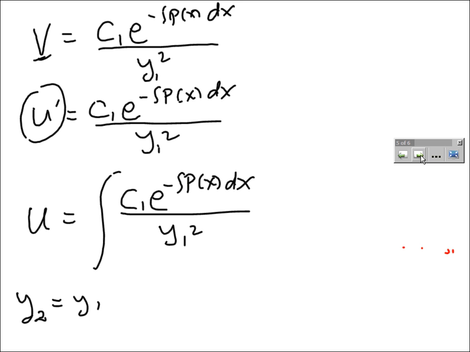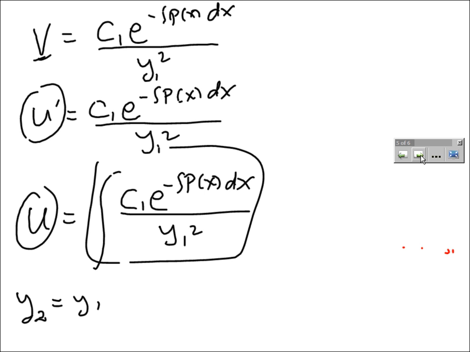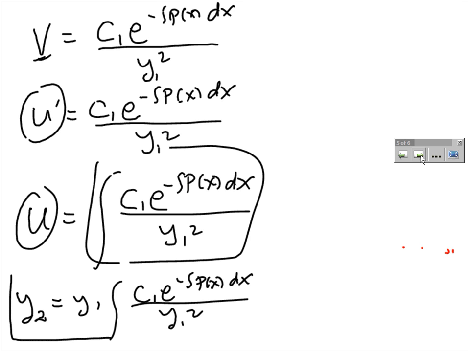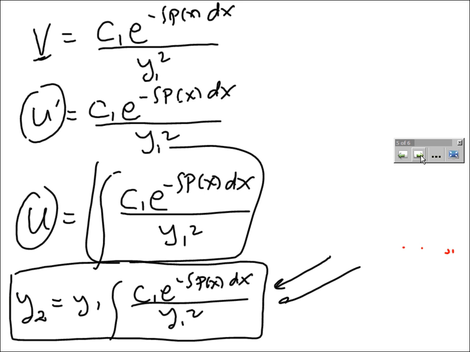Well, here's y1 times u times this. This here is the formula to get a second solution to a homogeneous equation if you have one of them. That's the formula. All of that just to get this formula.